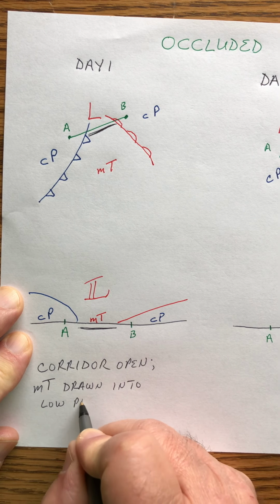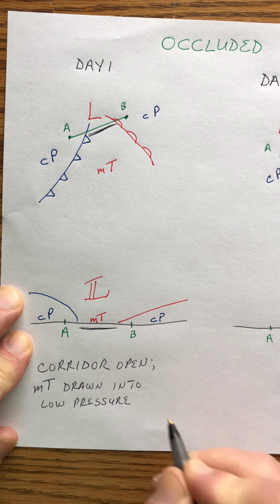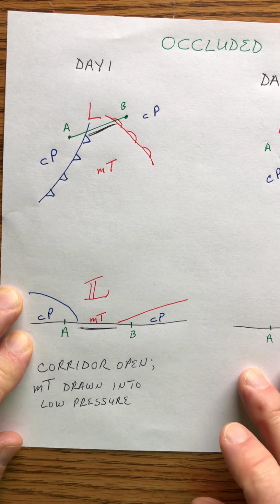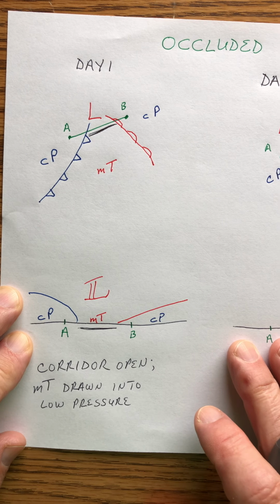And why is that important? Well, maritime tropical air is warm and moist, and the moisture is the important part in particular here. That moisture is the fuel for any storm system, including just an ordinary low pressure.